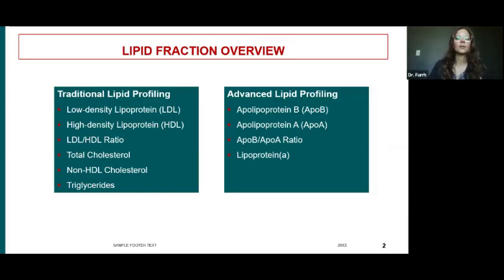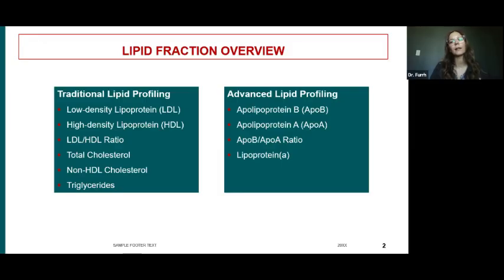Absolutely. So the traditional lipid profiling that's been used for many, many decades includes your low-density lipoprotein, or LDL, high-density lipoprotein, or HDL, and sometimes the LDL-HDL ratio, usually your total cholesterol levels, non-HDL cholesterol, and then commonly triglycerides.